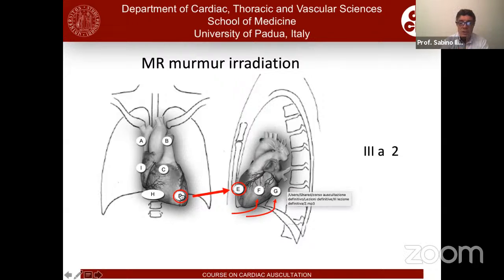So mitral regurgitation can irradiate in this area. Sometimes not, simply concentrated here, but not very frequently it goes in this direction. On the contrary, ventricular septal defect is irradiated through H, that is the right ventricle auscultation area.